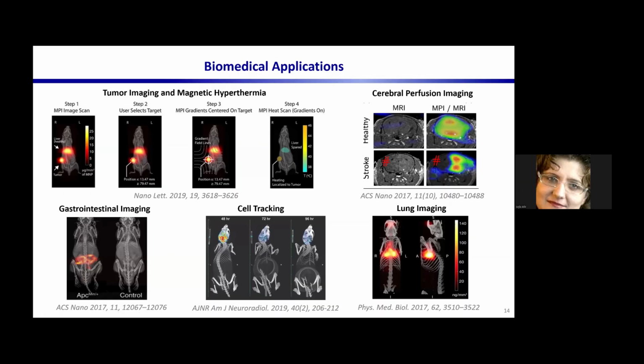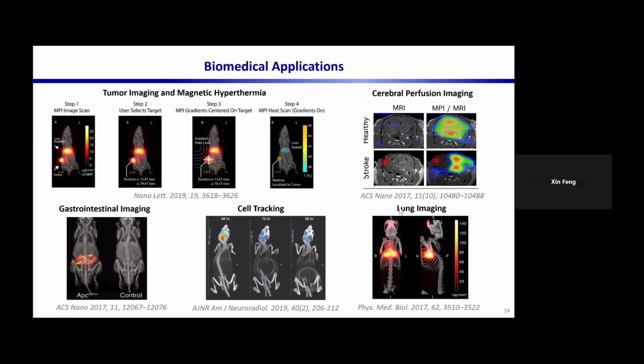And also, I think cell tracking is a very promising area for MPI because it has zero background hotspot signal. So using MPI, we can track different kinds of therapeutic cells, including macrophages, CAR T cells, and also stem cells in vivo.